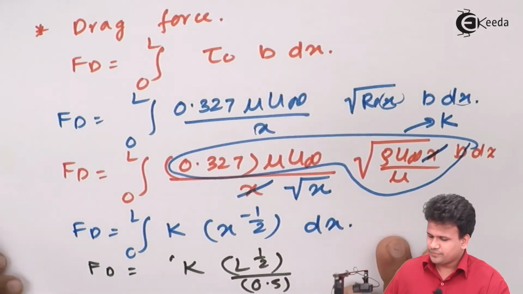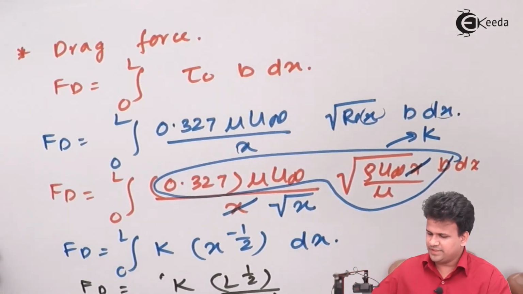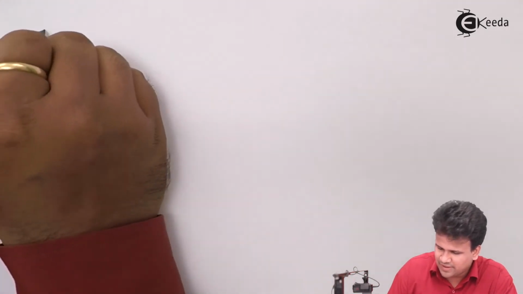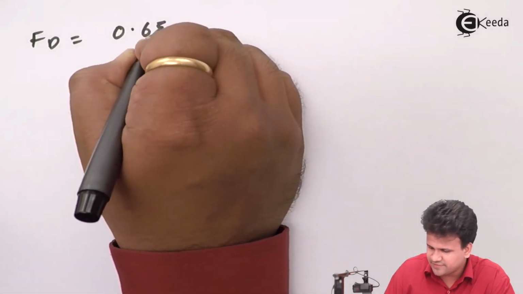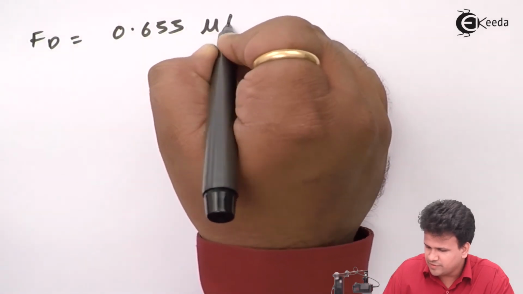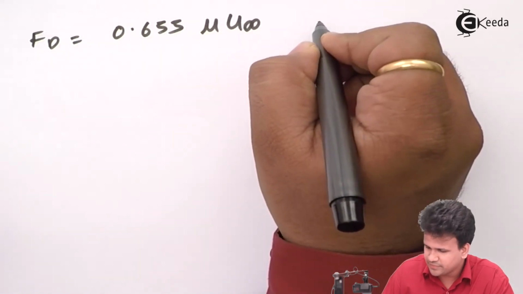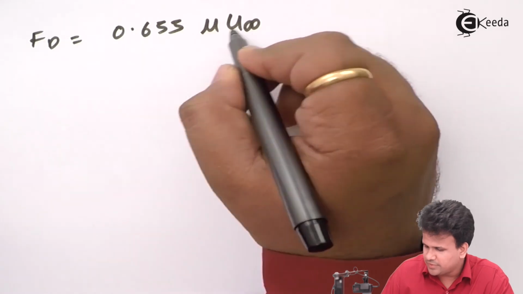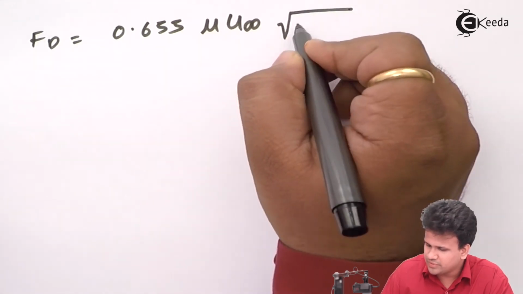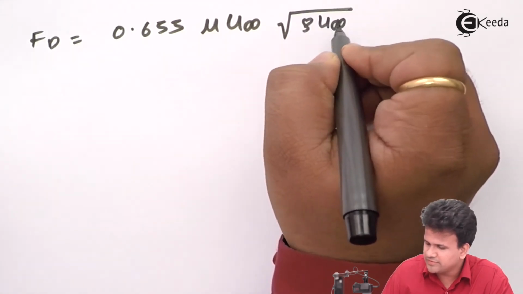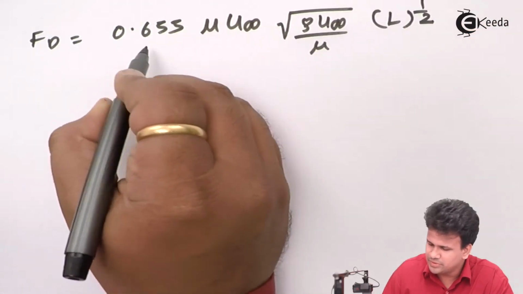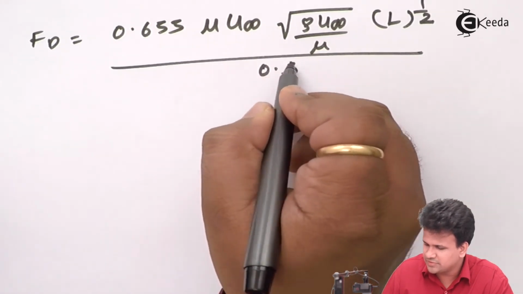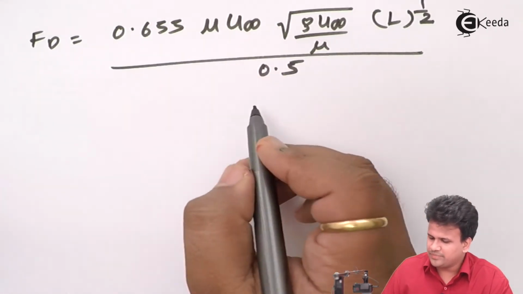So we will resubstitute the value of k, the constant will change, and we'll get Fd equal to 0.655 mu into u infinity into square root of rho into u infinity upon mu into L raised to 1 by 2, the whole thing divided by 0.5, or 1 by 2.